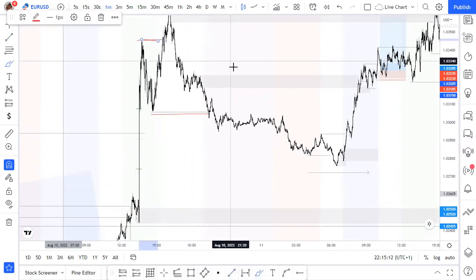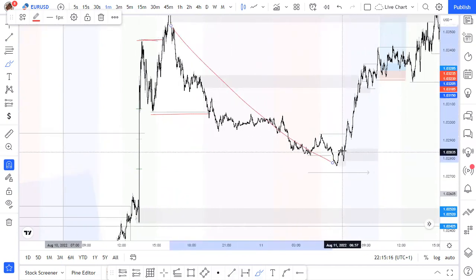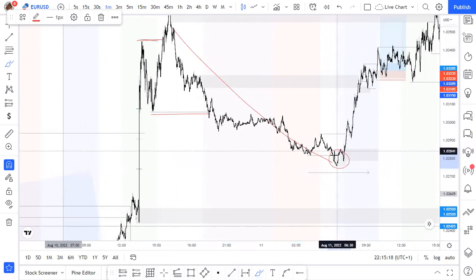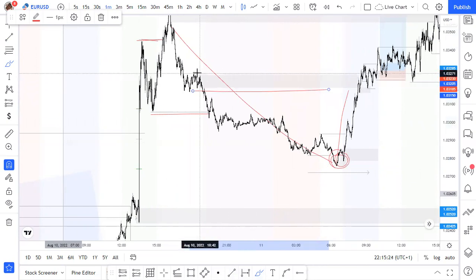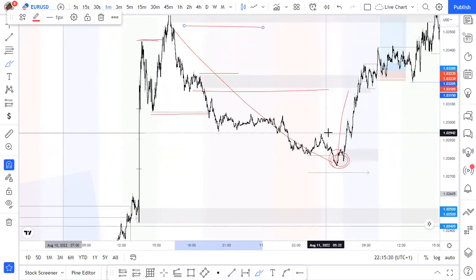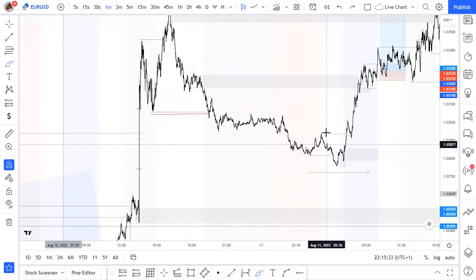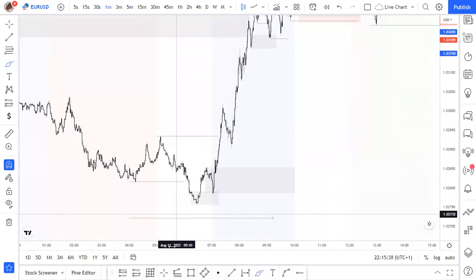That's from this range. So now price is in a push phase, and I just wanted to take that counter trend trade, maybe to this particular supply zone or this extreme supply here. When we had a break of structure above here, based on the 15-minute structure, things are a lot clearer on the 1 minute.